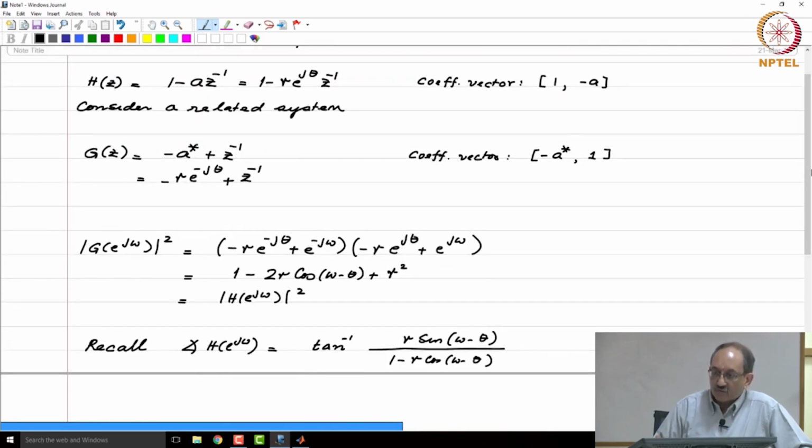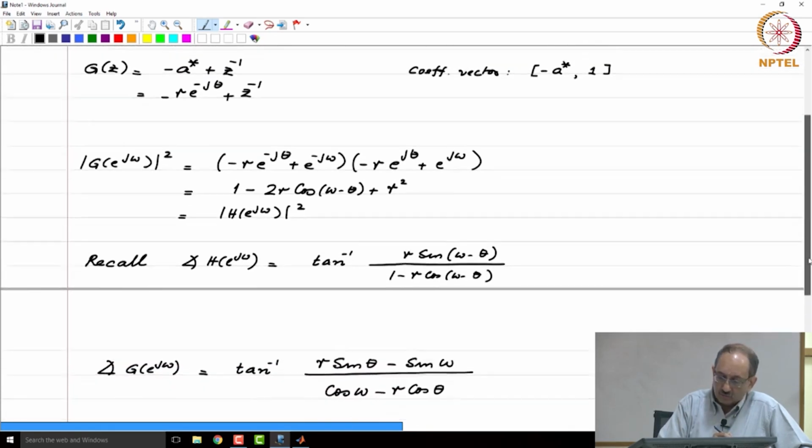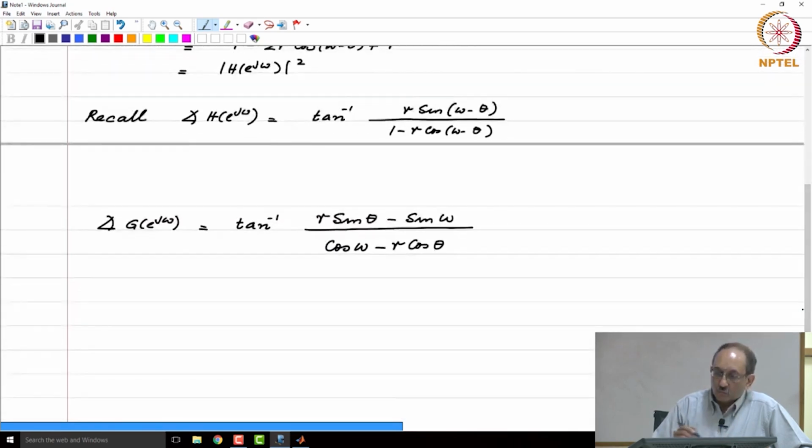Let us also get a feel for what the pole-zero plot is.